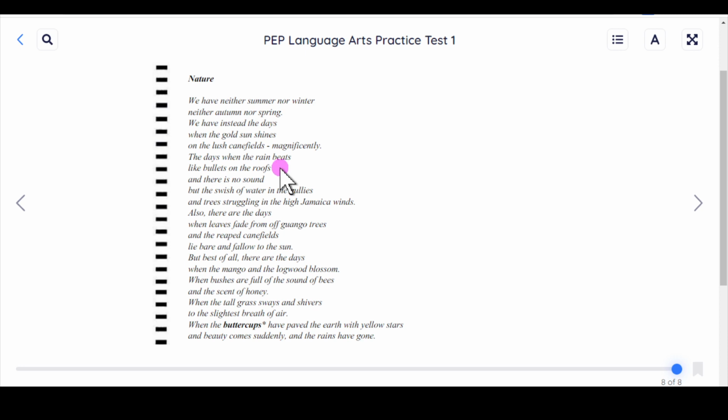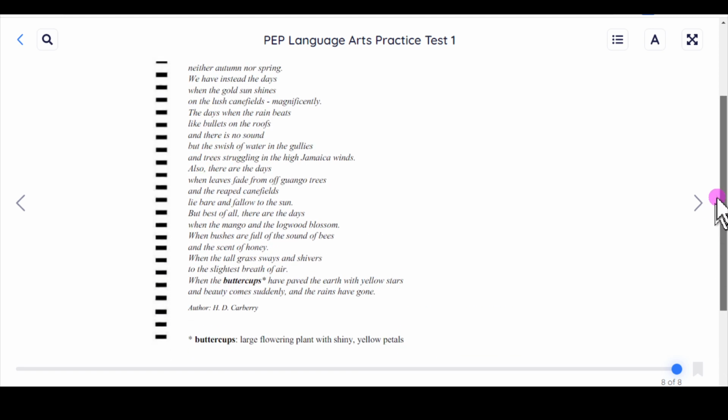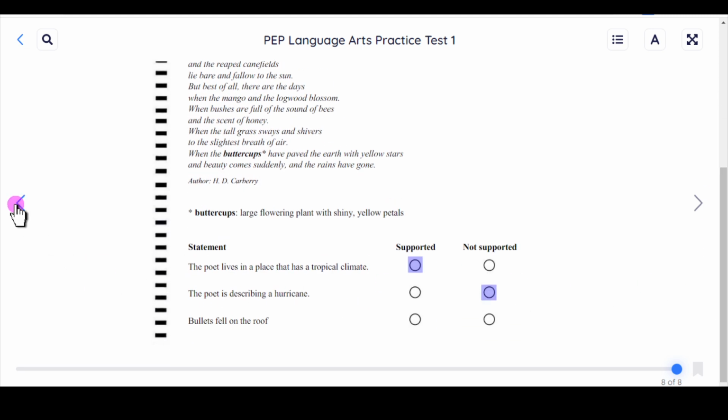So supported versus not supported. We're looking for the things that give us evidence of, and not supported, we find no evidence for it. All right. So this looks like we're done. I'm going to go back through all the way to the top.